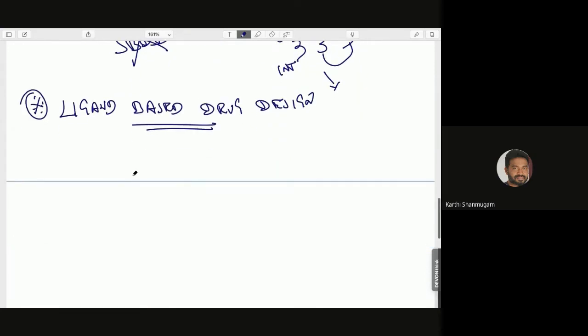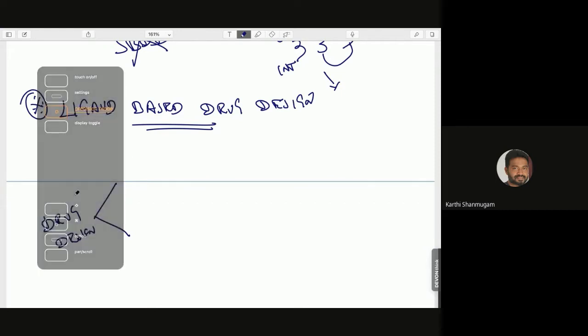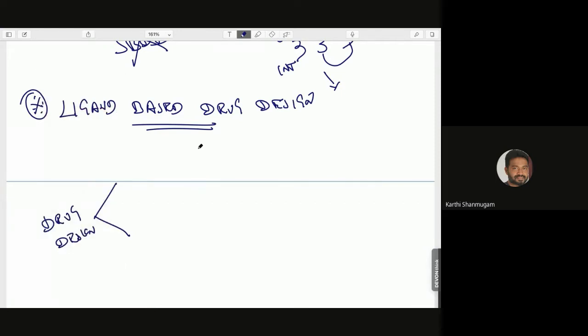You know there are two types of drug design. Already we discussed this in detail. Generally we go for one type. Can you tell me what are the two types we have discussed? Let's put this as a question: two types of drug design.